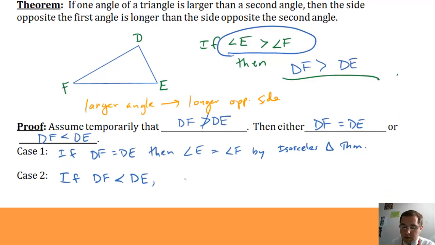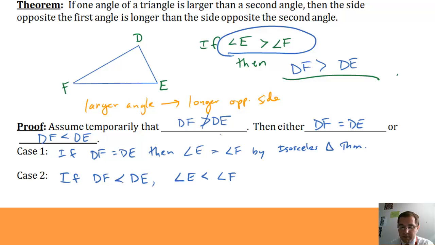So which angle is opposite DF? That's angle E. So angle E would have to be less than angle F, because DE, which is opposite angle F, is bigger than DF.